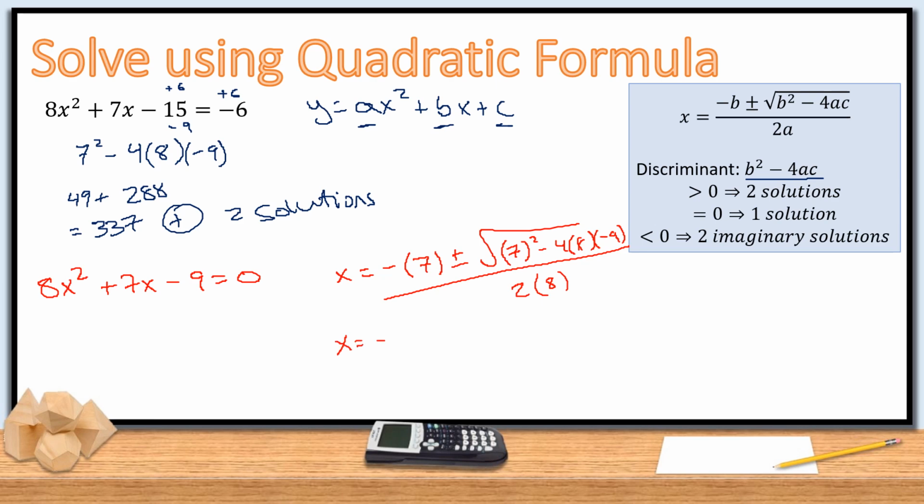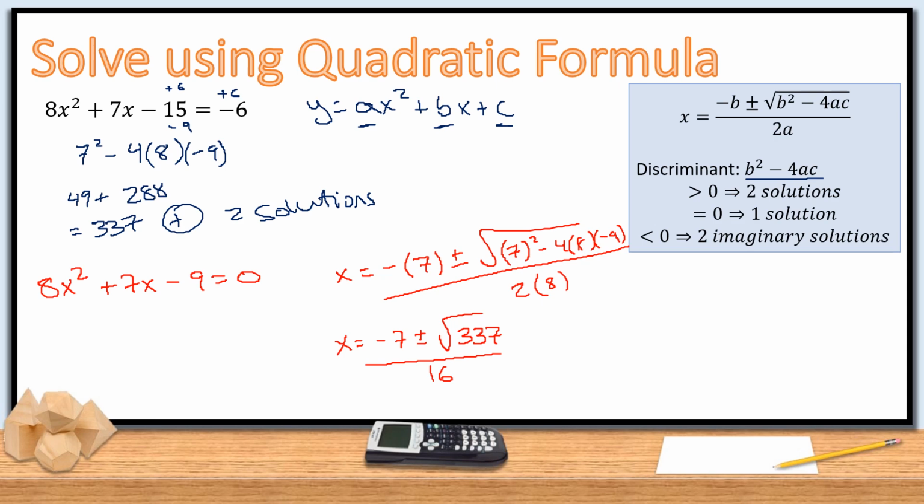So x equals minus 7 plus or minus square root of 337. So we got square root of 337, which is not a whole number, so always check it first to see if it is a whole number. So 337 all over 2 times 8 is 16.